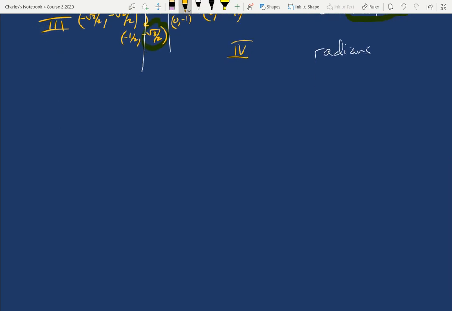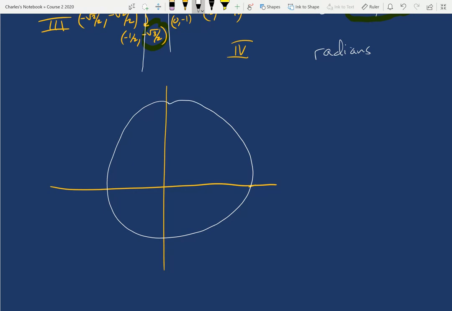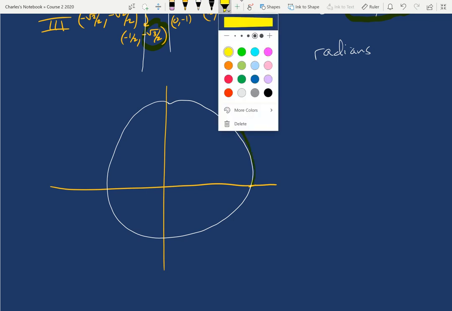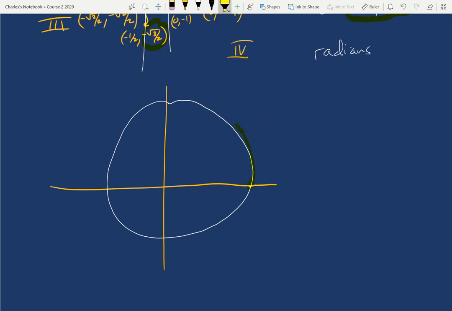But what a radian is can be confusing, because you grow up your whole life thinking about angles in degrees, and now math comes at you and says we're going to measure them in radians. But if you think of this circle again, and what the circumference is going around this circle, if I were to go all the way around the circle, the circumference would equal 2 pi r.